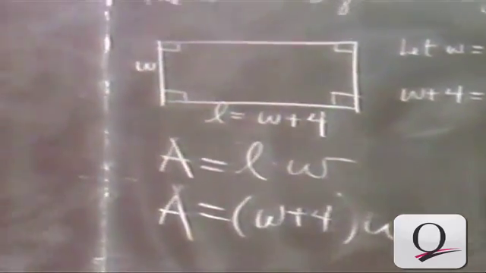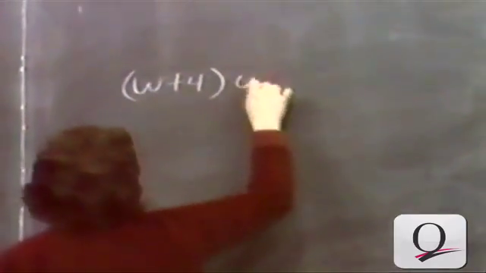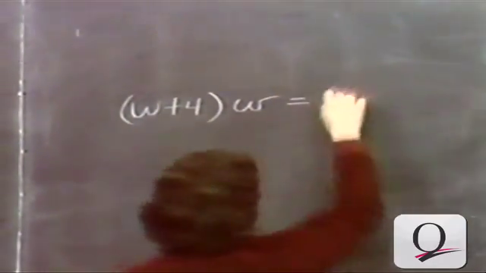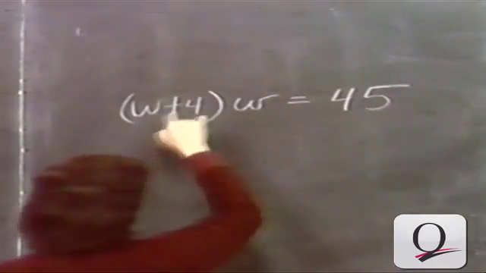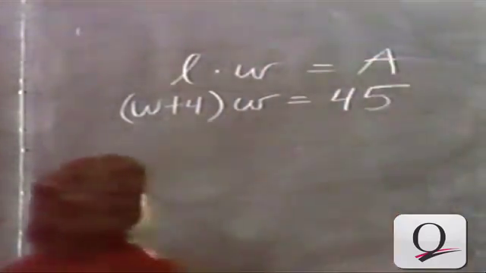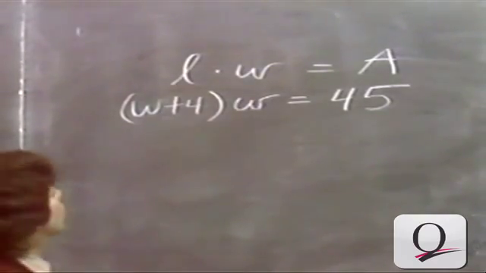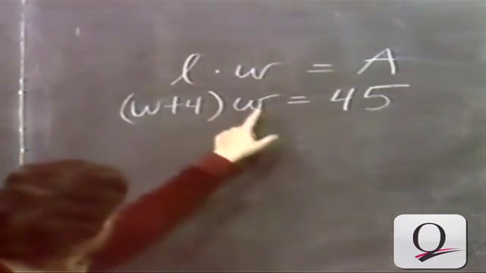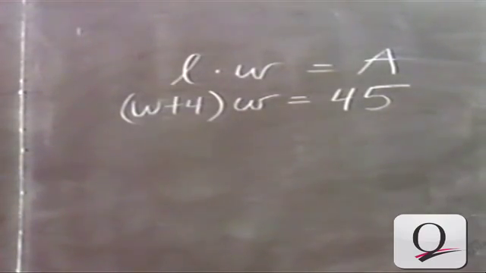So W plus 4 times W is equal to 45. The length times width equals the area. The length is W plus 4, the width is W, and the area is 45 square units.